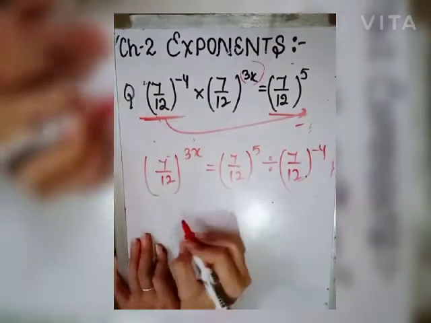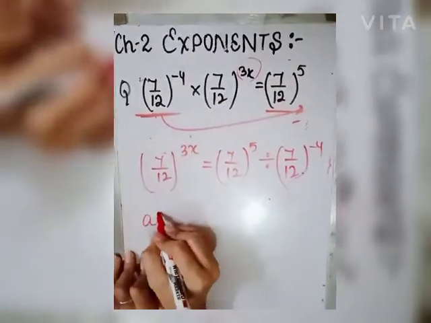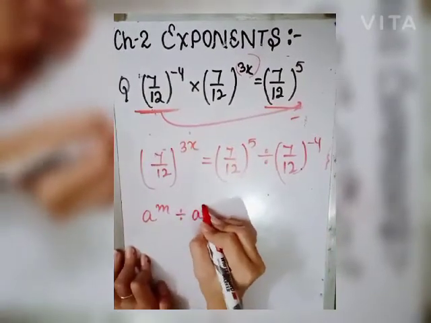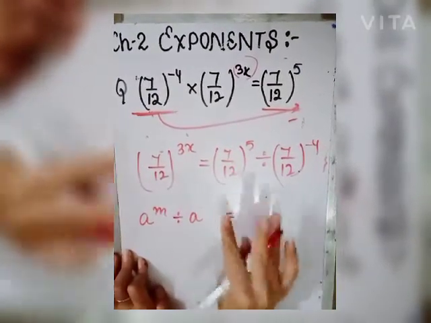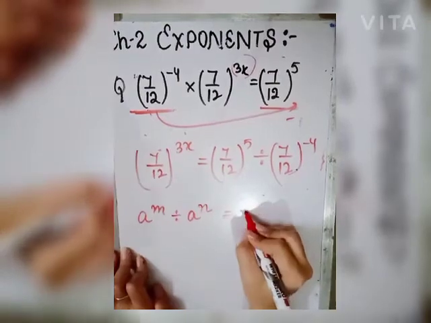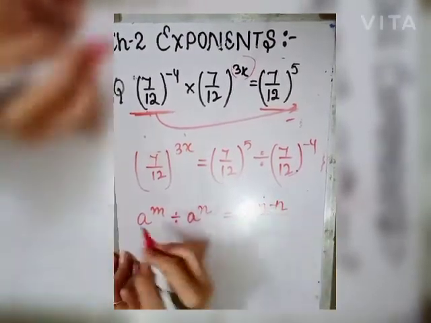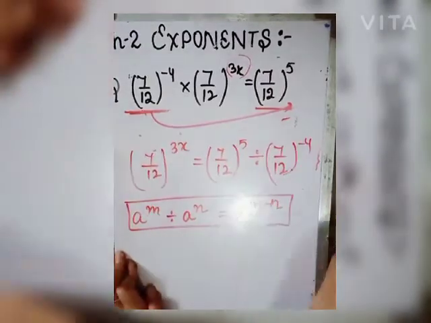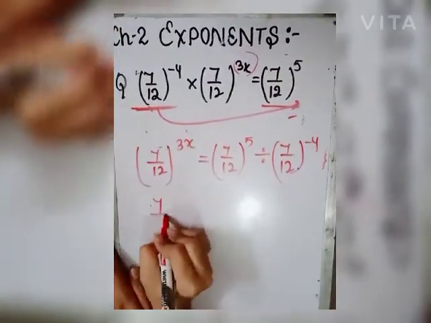Now remember the concept. Whenever the bases are same and are in divide, their powers get subtracted, m minus n. We have to apply this concept here. 7 upon 12.